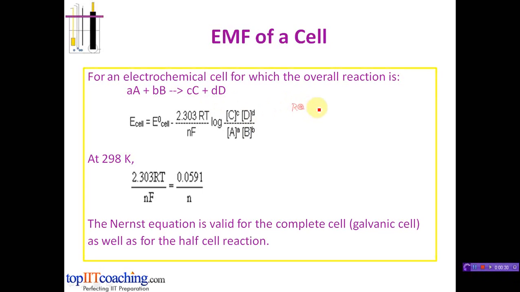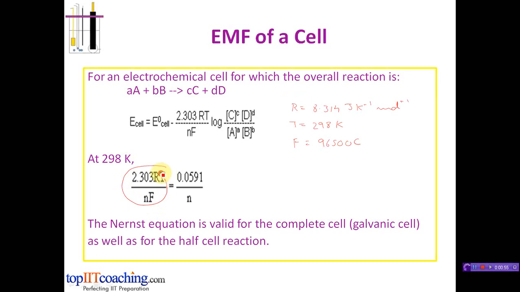Now we know that the value of R is equal to 8.314 joules per Kelvin per mole. The value of T, if we take it as 298 Kelvin, and F, that is the Faraday constant, as 96500 coulombs.